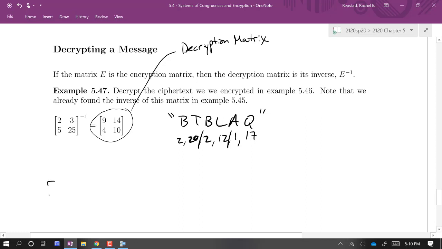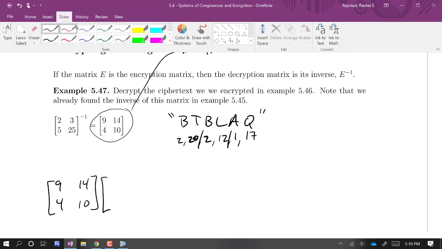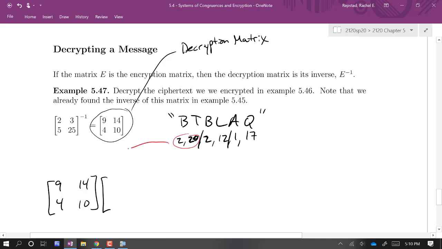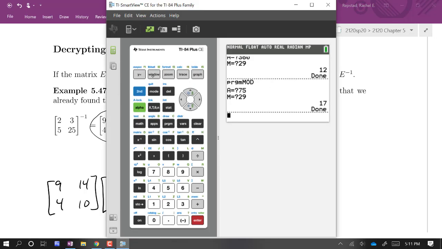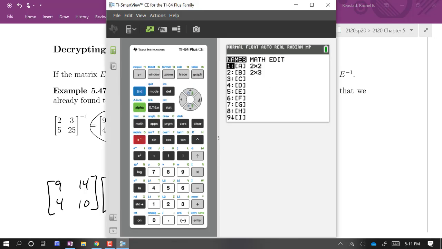So I'm going to take this matrix, 9, 4, 14, 10, and I'm going to multiply it by the matrix. Now I'm going to put these numbers in column by column, just like we did when we encrypted a message. So 2, 20, 2, 12, 1, 17. I've got to enter my matrices again, so I'm going to edit.